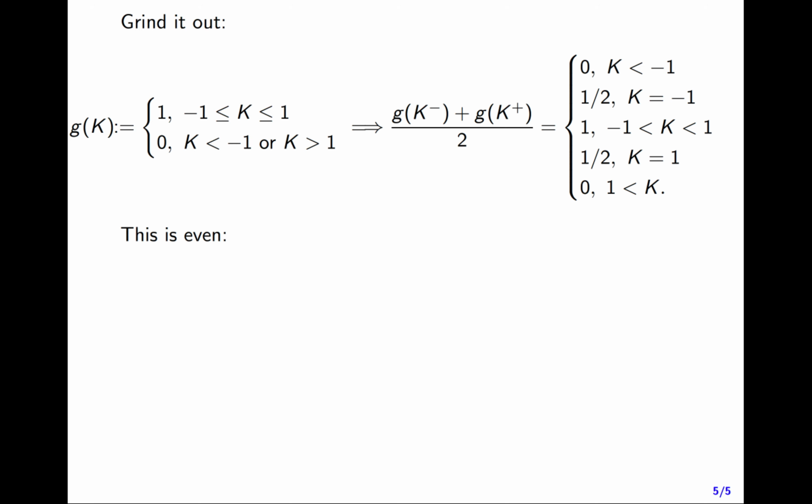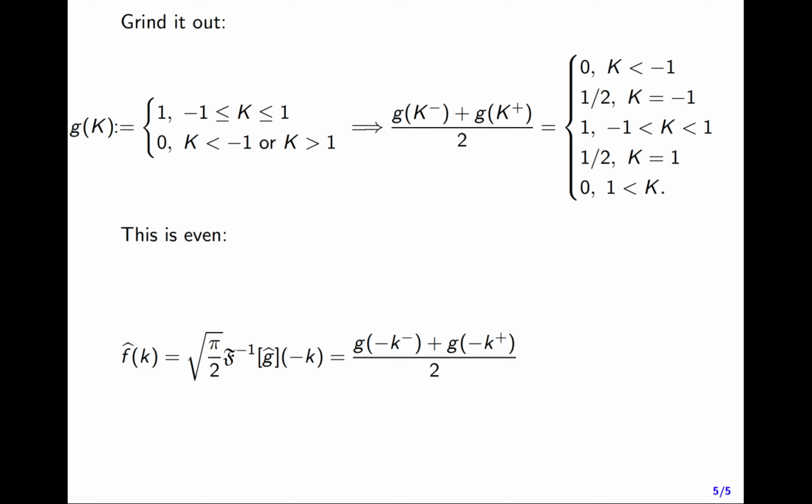And one thing we note that's nice, this function g, or rather, not just g, but the average of the left and right hand limits of g over 2, this turns out to be an even function, which will make some calculations later easier. And what do I get at the very end? I know that f hat of k is root pi over 2 times the inverse Fourier transform of g at minus k. And I know that's (g at minus k minus plus g at minus k plus) over 2.